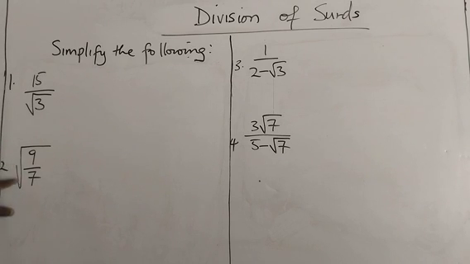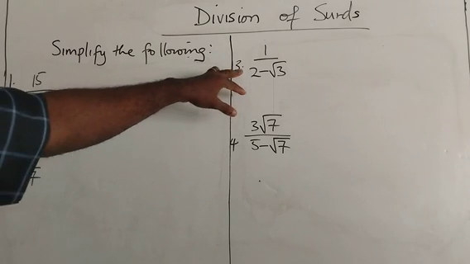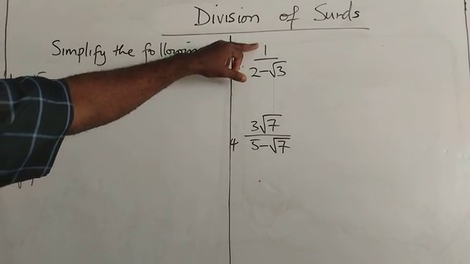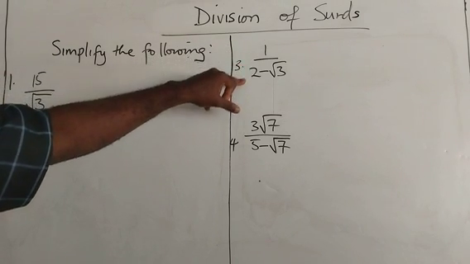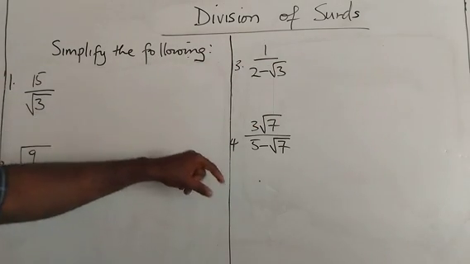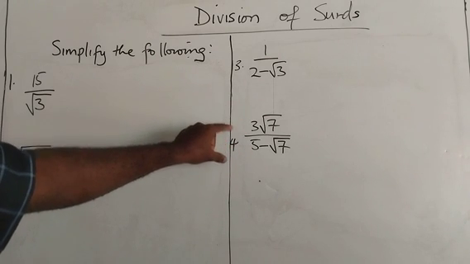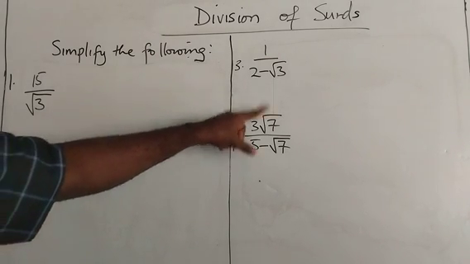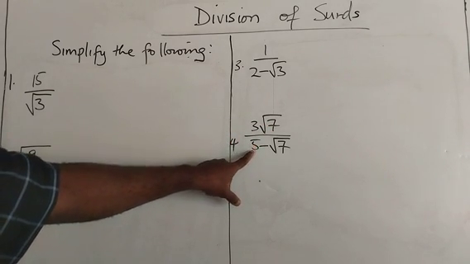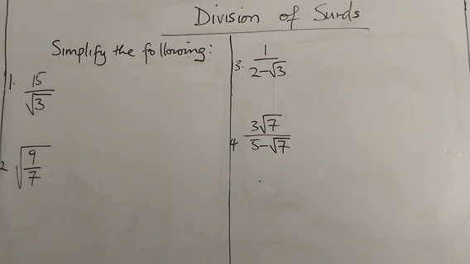Question 2, simplify square root of 9 over 7. Question 3, simplify 1 over 2 minus root 3. And finally, simplify 3 root 7 over 5 minus root 7.